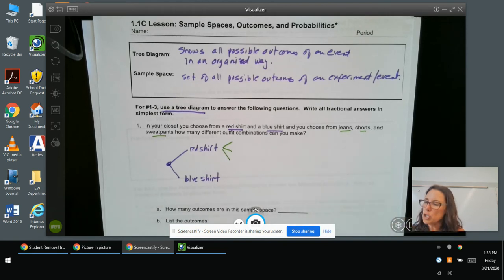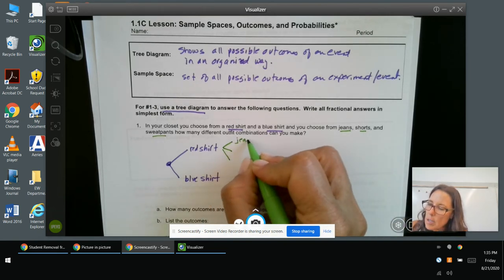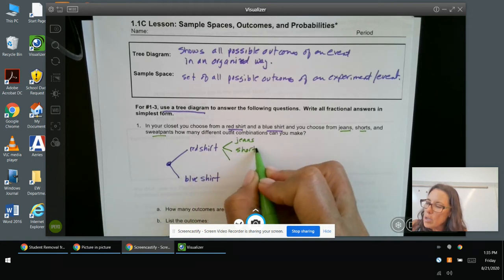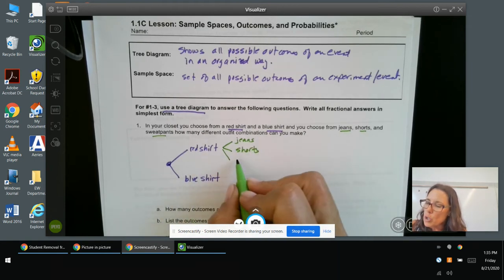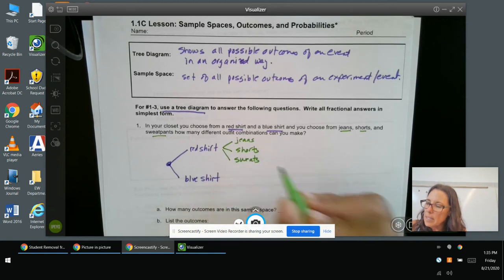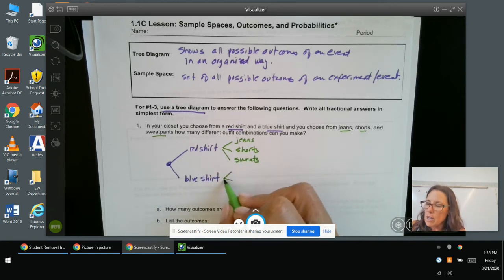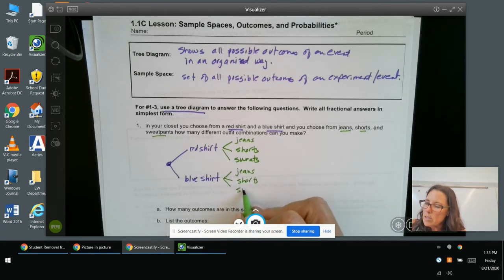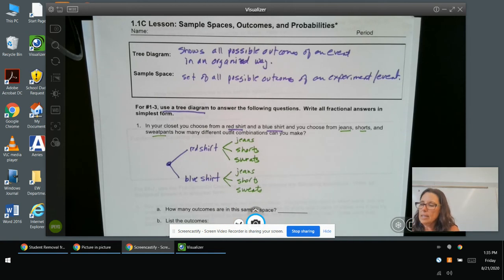We could do a red shirt with jeans, the red shirt with shorts, the red shirt with sweats. Same thing with the blue shirt. We've got three options for pants. Blue shirt with jeans, blue shirt with shorts, blue shirt with sweats. Okay, so that is a tree diagram showing the situation.